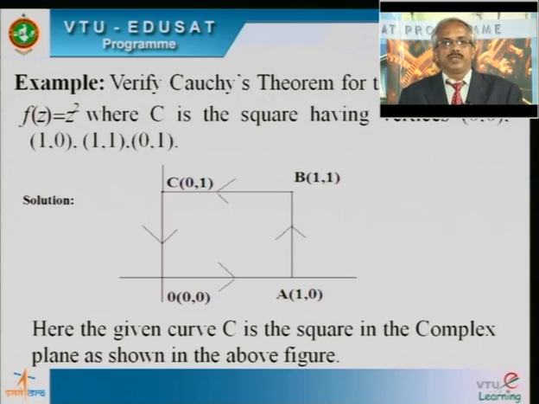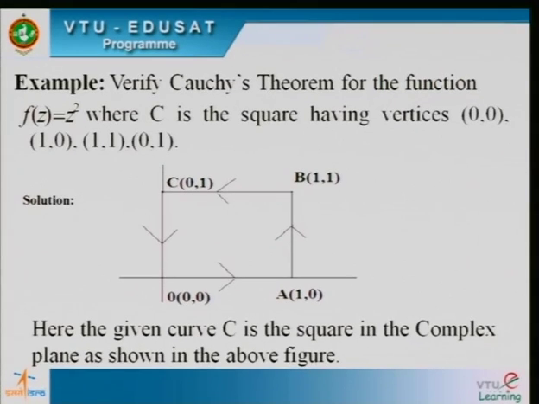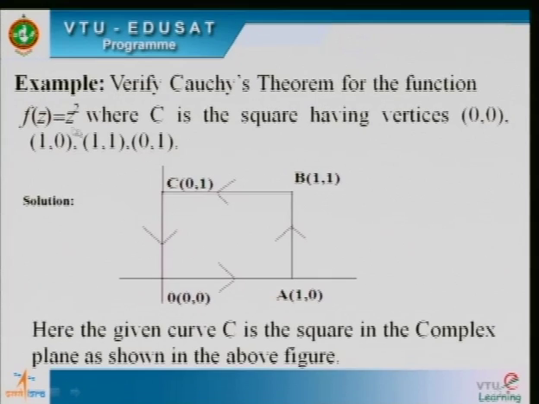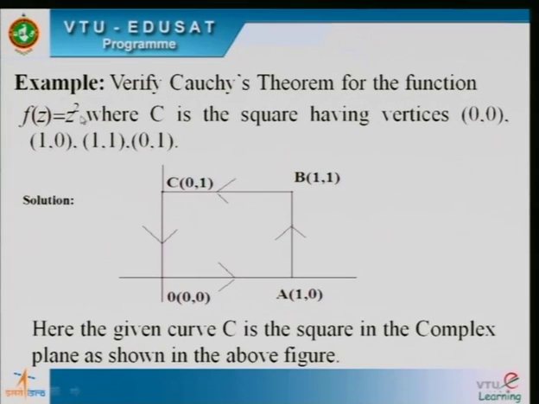One example we take here is: verify Cauchy's theorem for the function f of z equal to z square, where C is the square having vertices (0,0), (1,0), (1,1) and (0,1). We see that f of z is equal to z square.